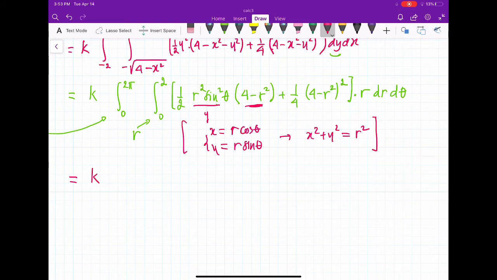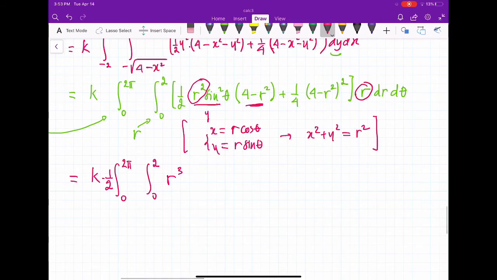All right. Now I will break this integral into two integrals because we have a sum, right? So we have k in here from 0 to 2 pi, from 0 to 2. The first one, I'll take 1/2 out, okay? So I have r cubed, because r squared here together with this r, right? We have r cubed times (4 minus r squared) times sine squared theta dr d theta.